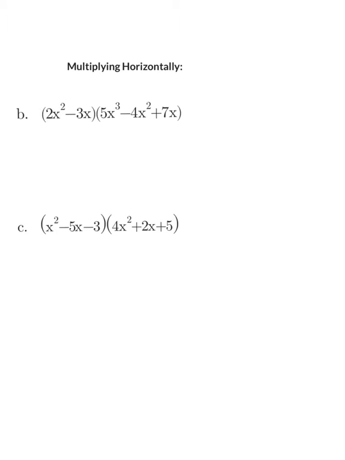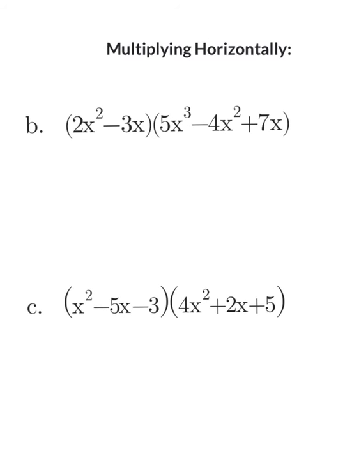Okay, so again, these ones we're going to go ahead and multiply horizontally. Remember that we want to multiply the coefficients together and add the exponents. So when we do problem B in this case, we want to multiply 2x squared times 5x cubed. We multiply the numbers, we get 10.